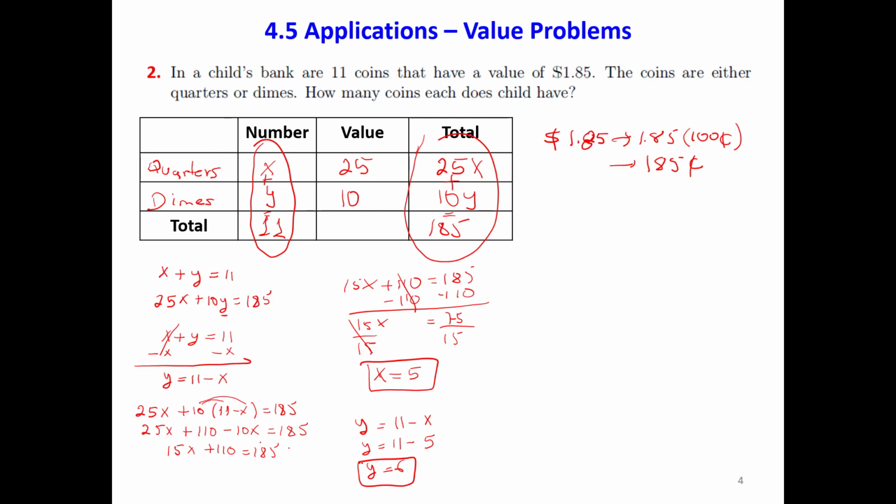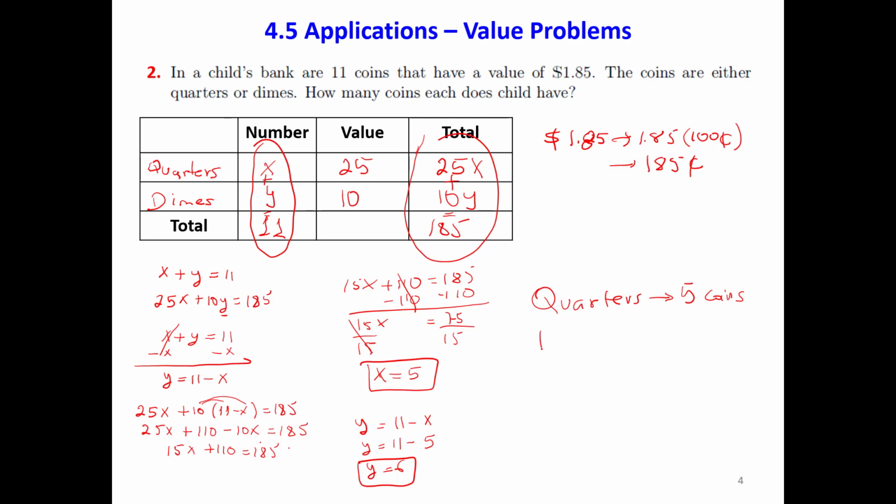Now we can answer the question: how many coins we had for quarters, how many coins for dimes. Then x is the number of quarters. Then we will say for quarters we had 5 coins.